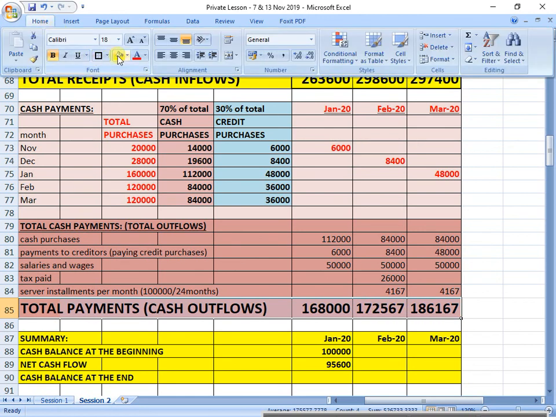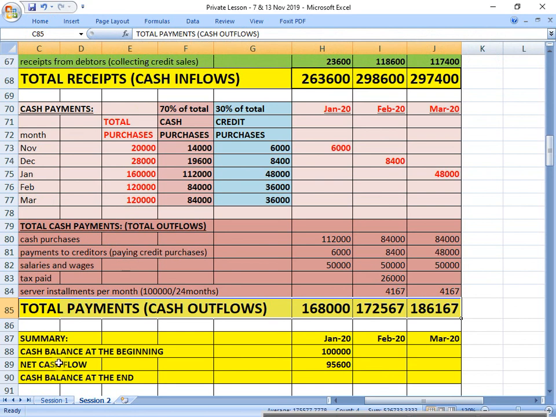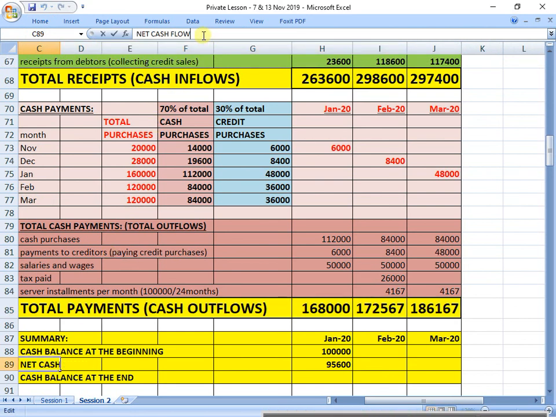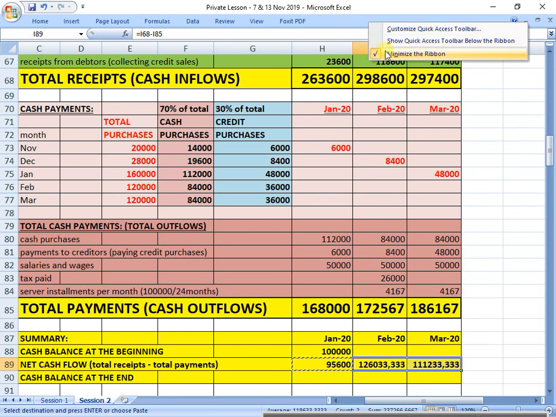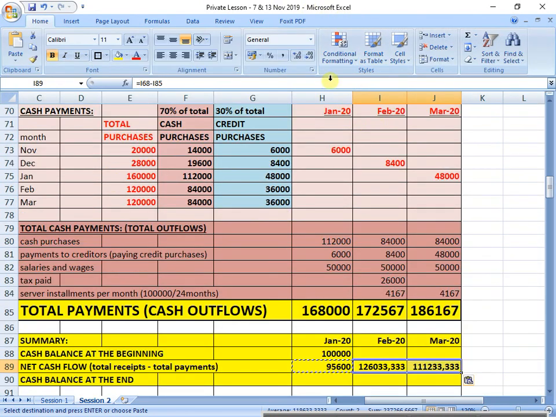If receipts are more than payments, you'll have an inflow, a net cash flow that's positive. And you would do that for all of them. Obviously you round it off. No decimals.